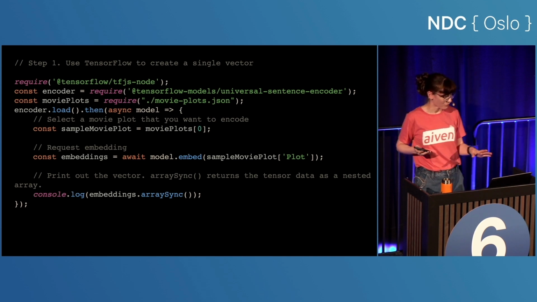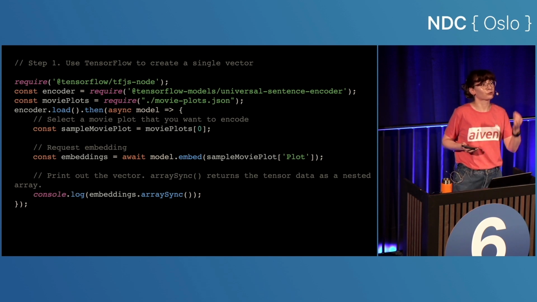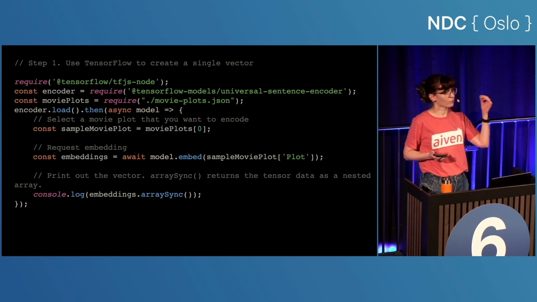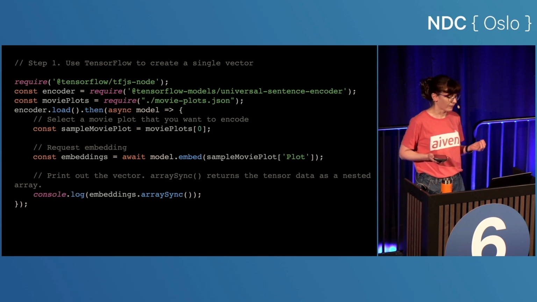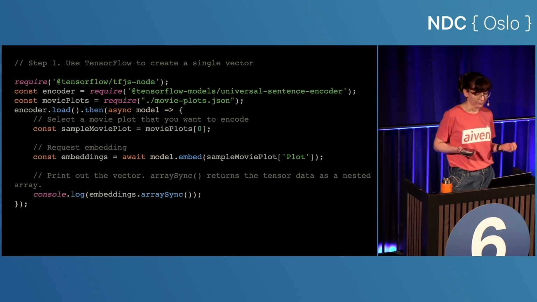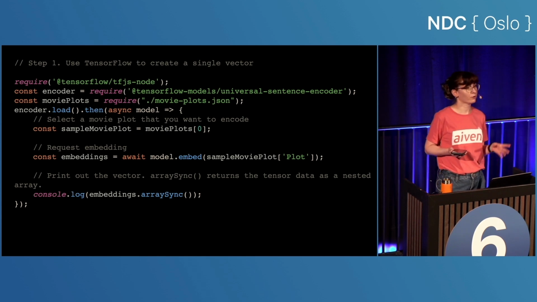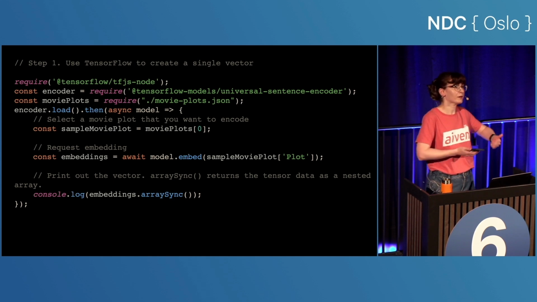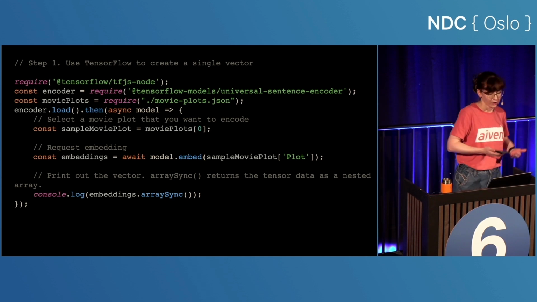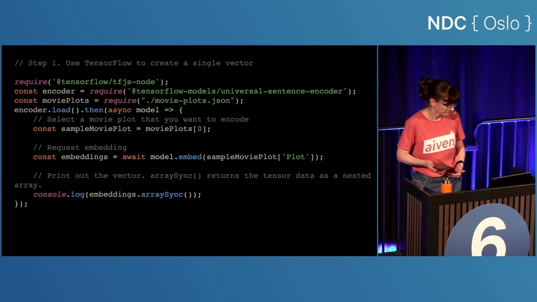This is a piece of code which we can use to transform a single movie plot, or any single piece of text, into a vector. Here I'm using the TensorFlow Universal Sentence Encoder model, which transforms any text you give into numbers.